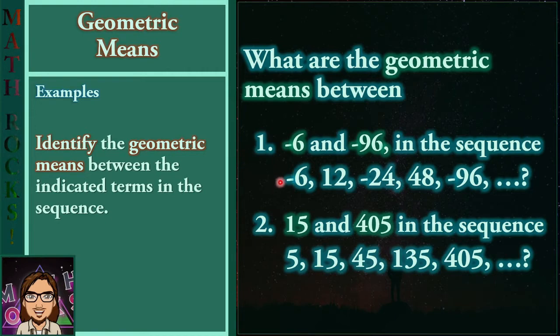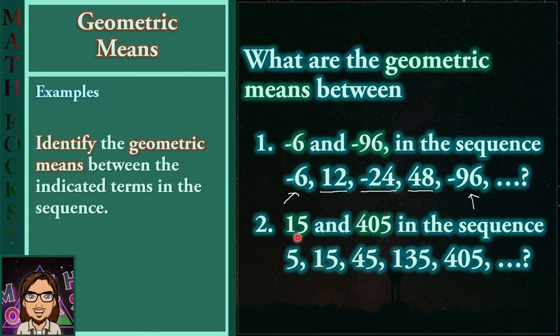So here we would like to locate the -6 and the -96 first in the sequence, and we have those terms here and the other one here. Now, you may notice that there are three terms found between those two non-consecutive terms, and they are the geometric means, which happen to be the 12, -24, and +48.